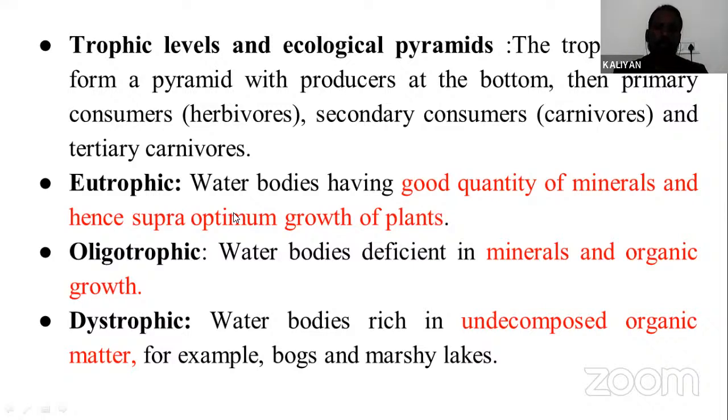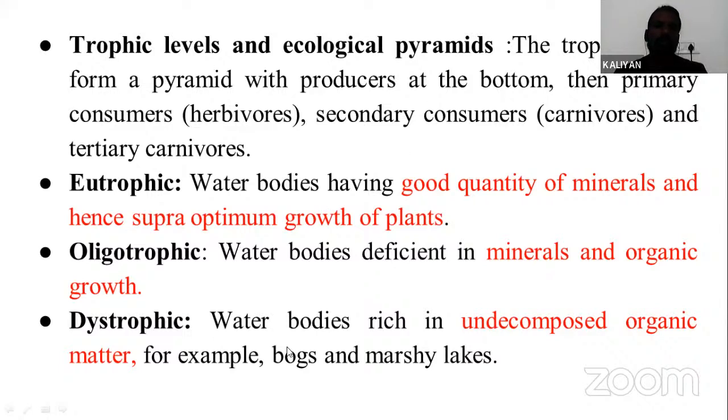That's called the eutrophic. And oligotrophic means water body deficiency in the minerals and organic growth. In these water bodies minerals and organic minerals are very less, because of that the organic growth is not efficient. That is the oligotrophic.